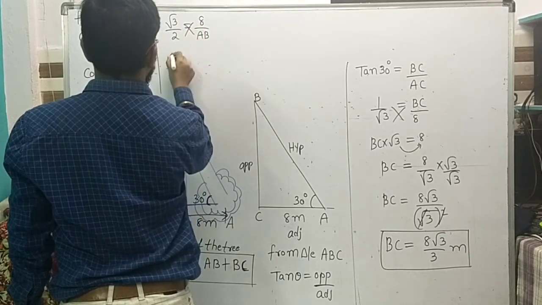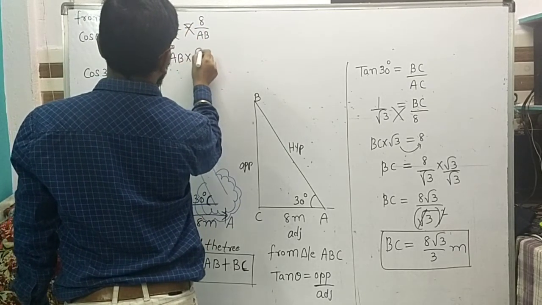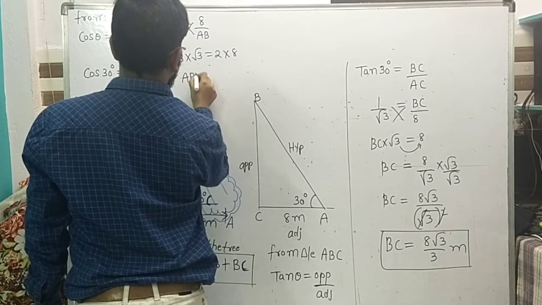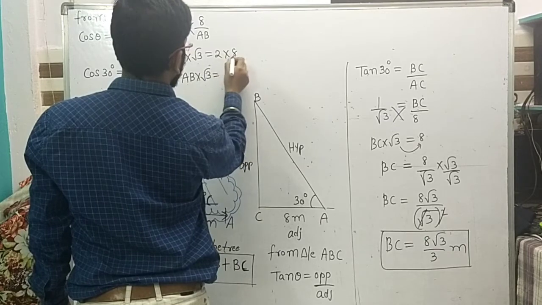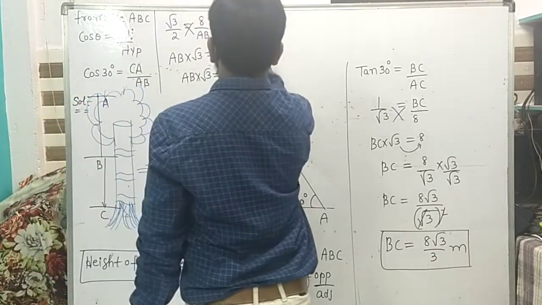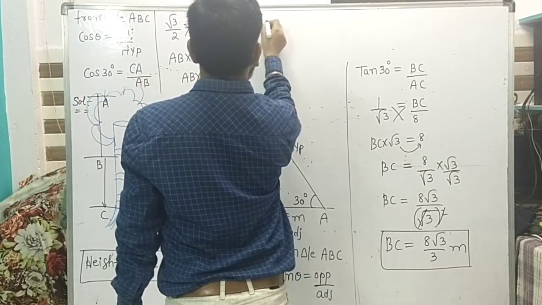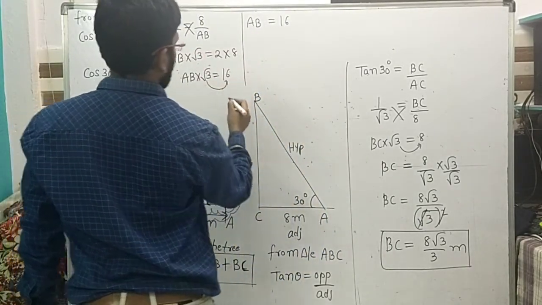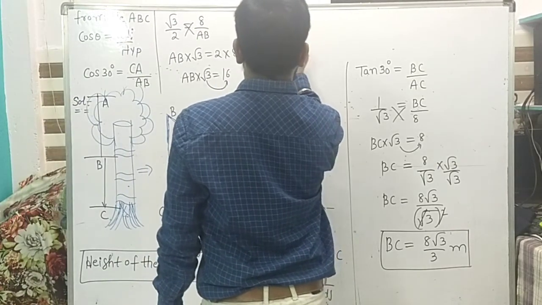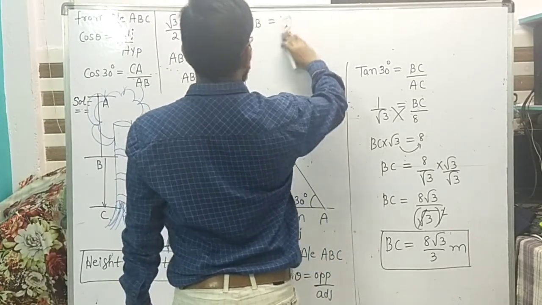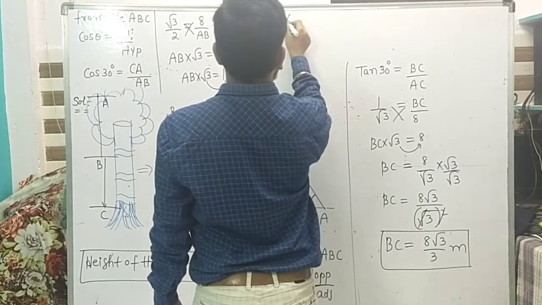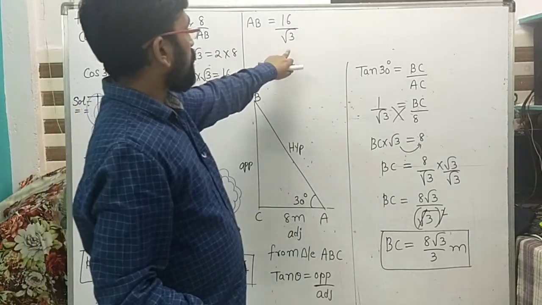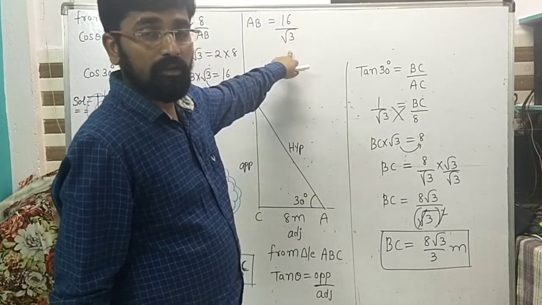Do cross multiplication. AB into root 3 equals 2 into 8, so AB into root 3 equals 16. Then AB equals 16 by root 3, as multiplication becomes division. Root 3 never stays in the denominator, not only root 3, any of them, they are called surds, and surds never stay in the denominator.